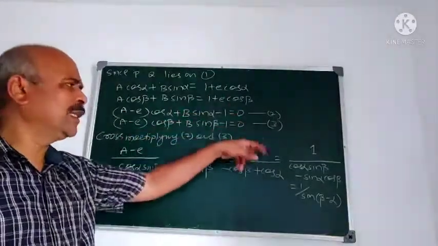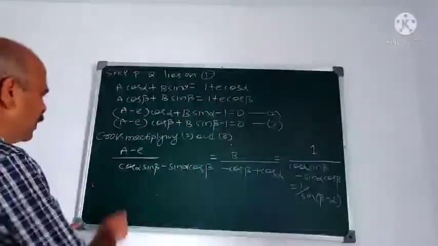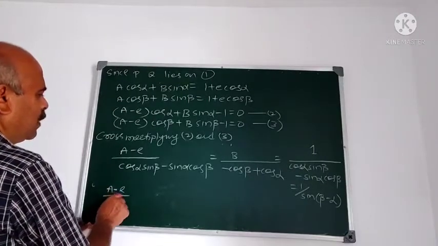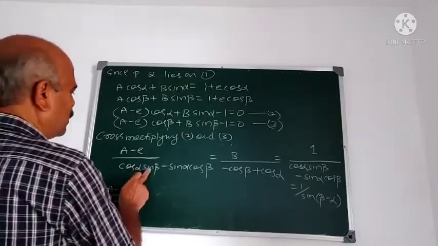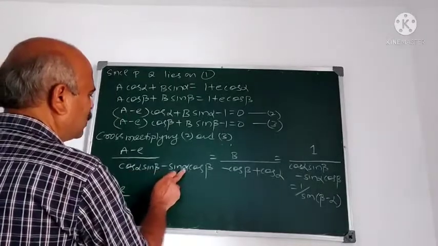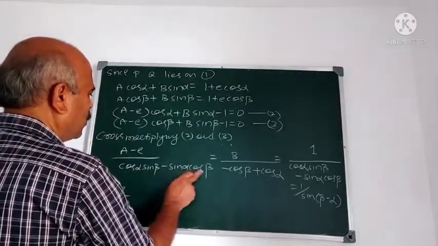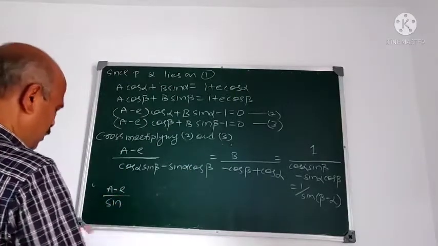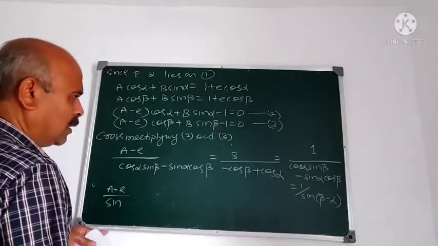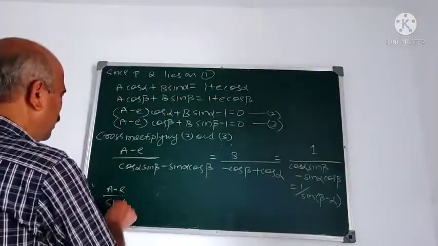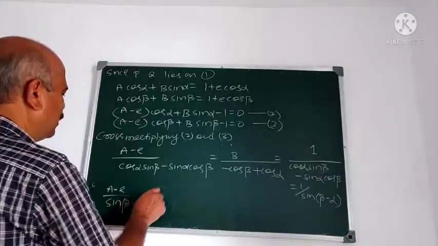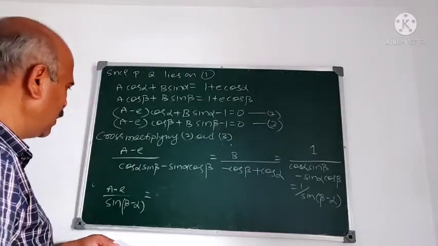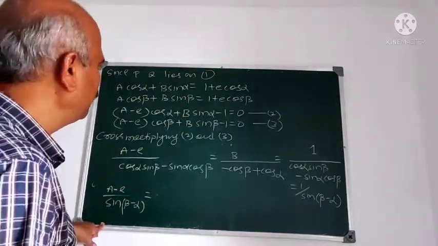See, to 2 and 3 we have applied cross multiplication. Therefore A minus e upon sin of beta minus alpha, which is cos alpha sin beta minus sin alpha cos beta.